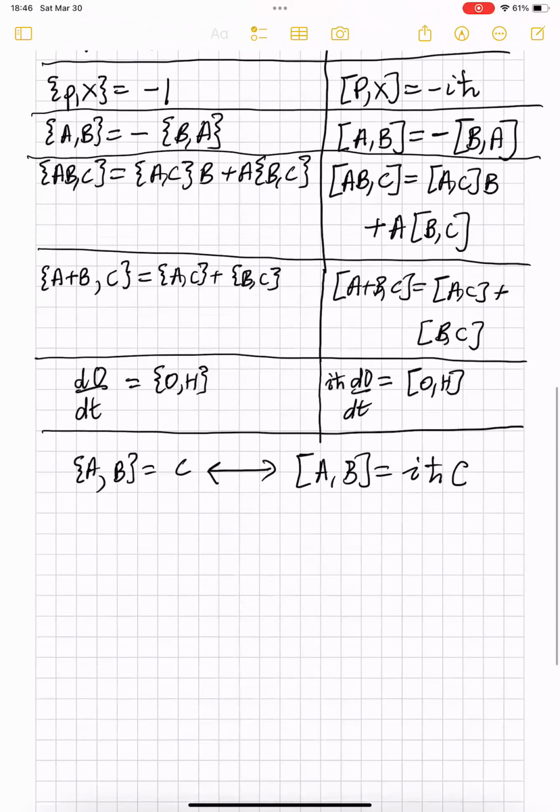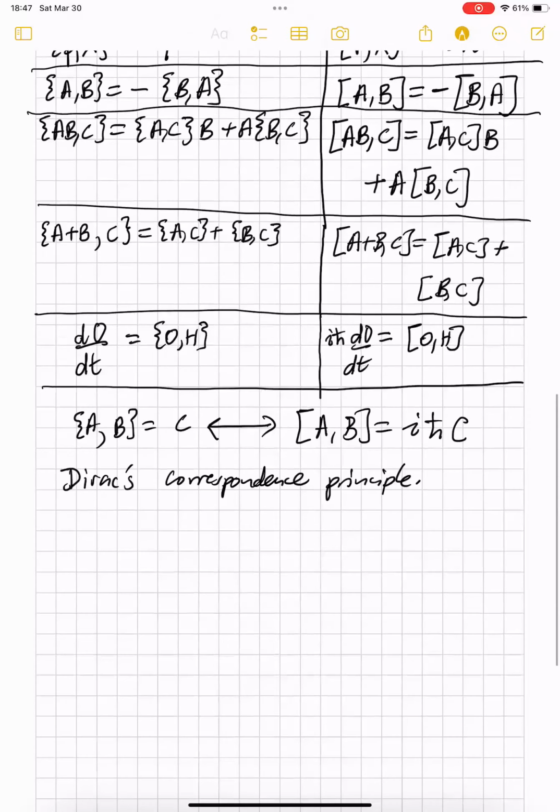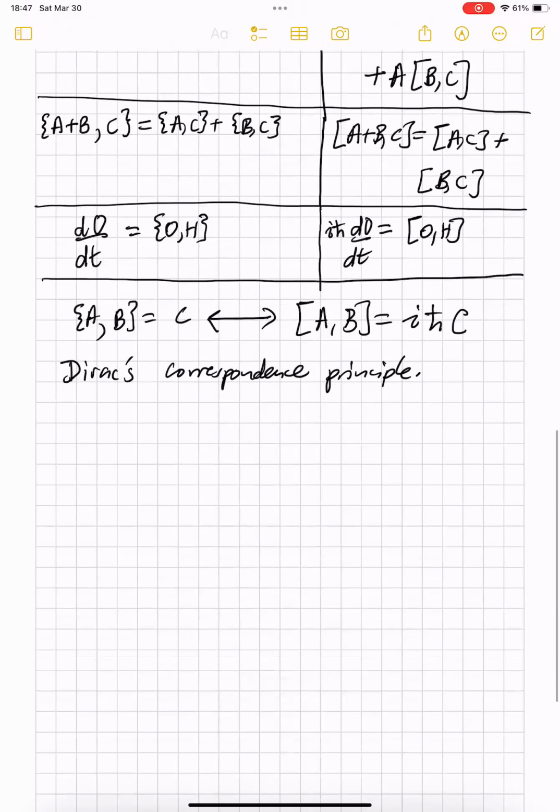So this here is a very simple rule to take any classical theory and promote it to a quantum theory. And this was discovered by Dirac, and it's called Dirac's correspondence principle.